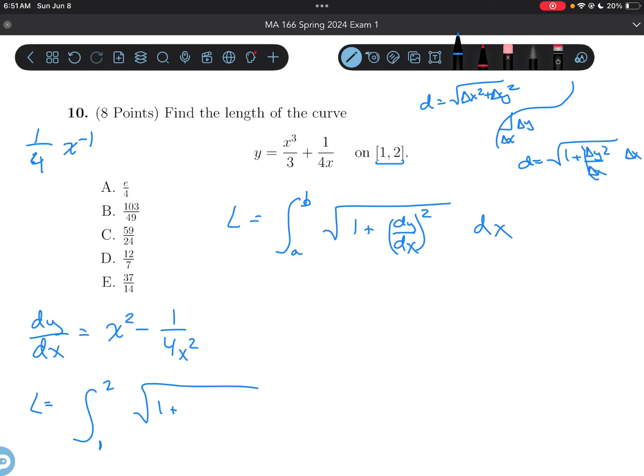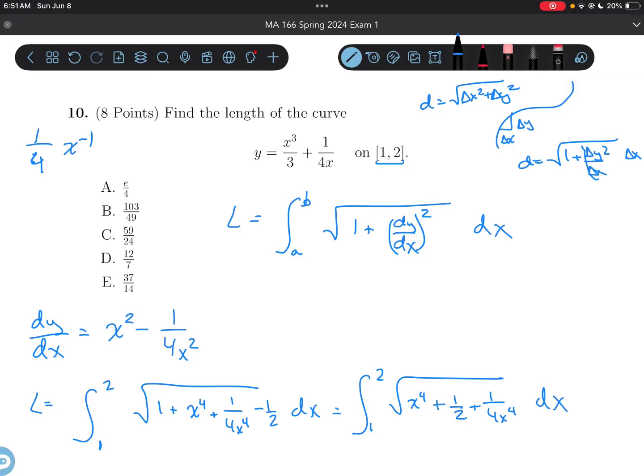So if I expand that out, I get x to the power of 4 plus 1 over 4 times x to the power of 4 minus 1/2. And now if I add up everything, I get x to the power of 4 plus 1/2 plus 1 over 4 times x to the power of 4, dx.